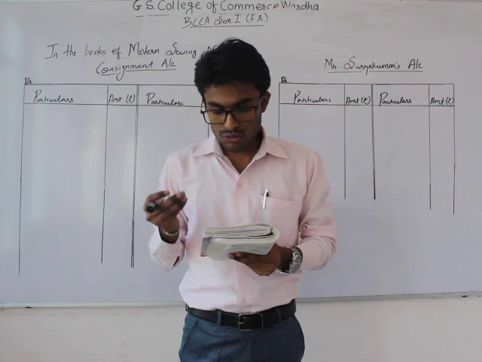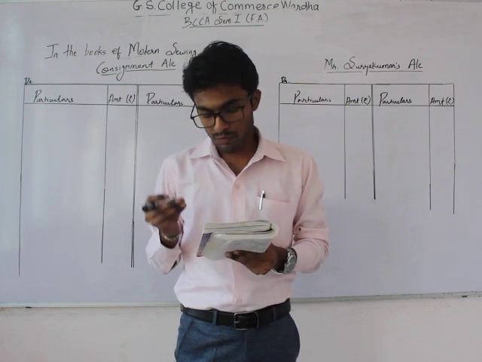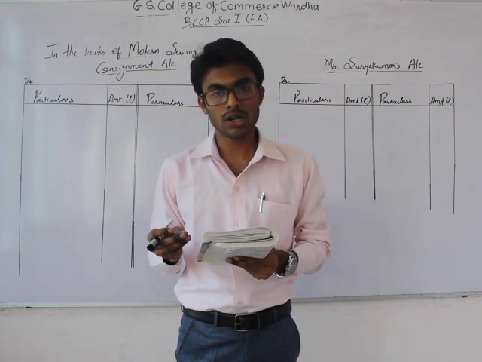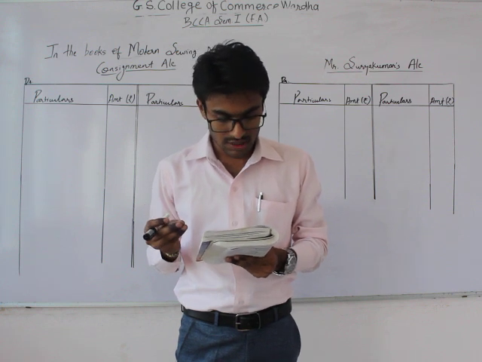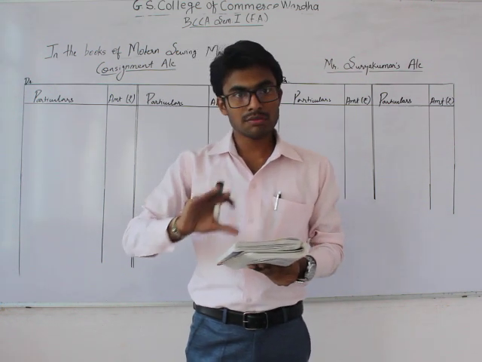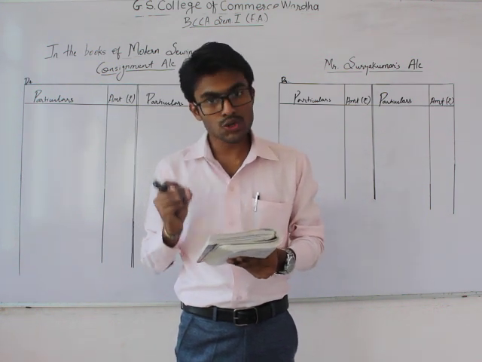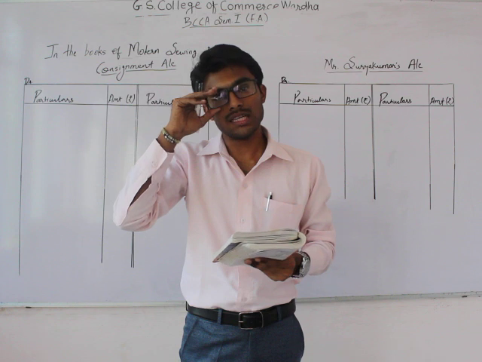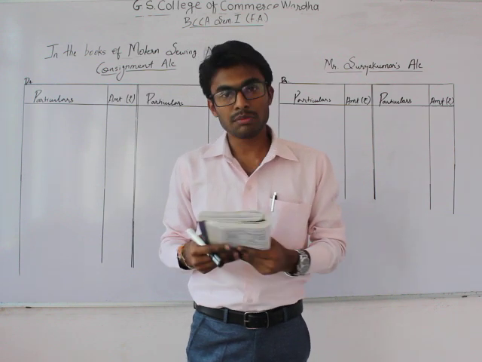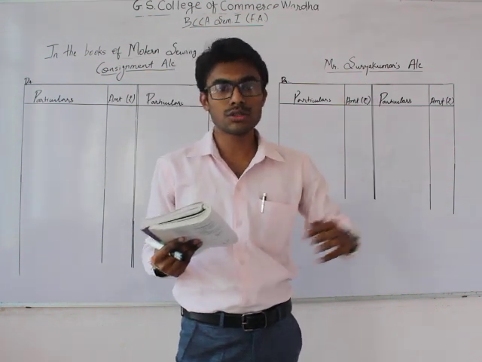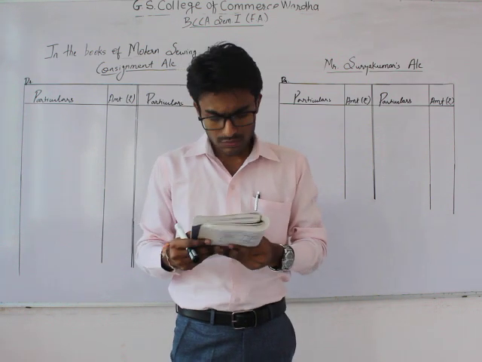Miss Surya Kumari spent rupees 800 on freight and insurance. Now this is the part of Surya Kumari. Now we have Mr. Surya Kumar as consignee. Consignee means the person who will receive the goods to sell those goods.